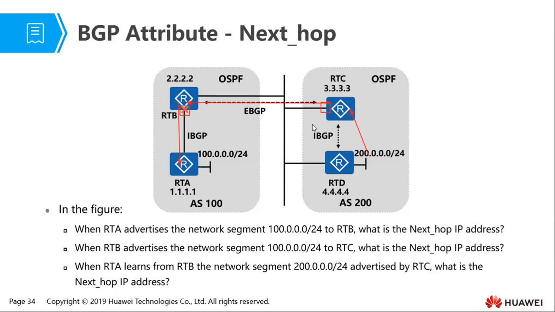And this is also important in preventing loops. Because if the next hop changes, then RTA can also advertise it to another router here, for example. Then it will change its next hop to this guy. Then this guy can also advertise it back, change the next hop.